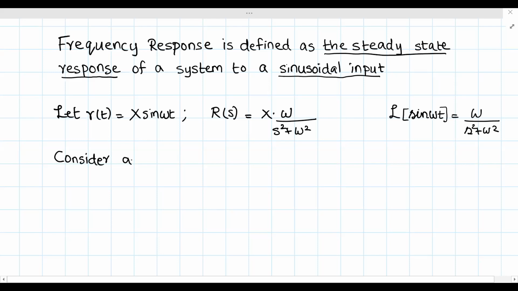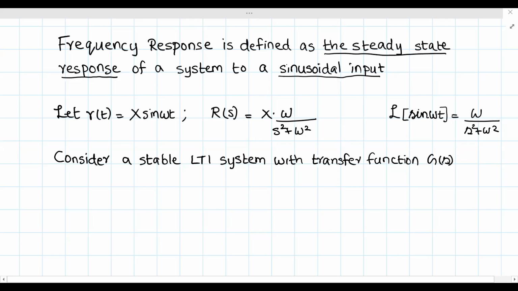Now you consider a stable LTI system, linear time invariant system, with the transfer function G of s. Okay, so you have a system here like this, G of s.